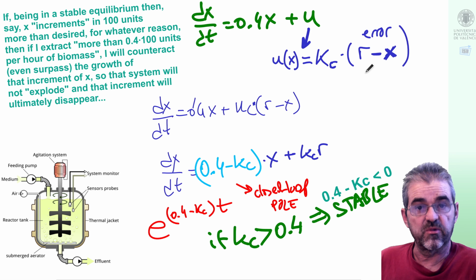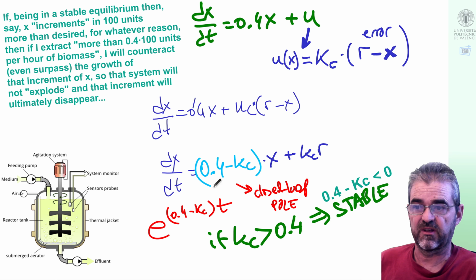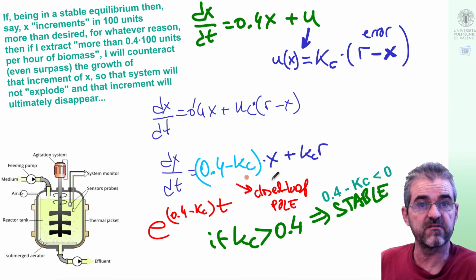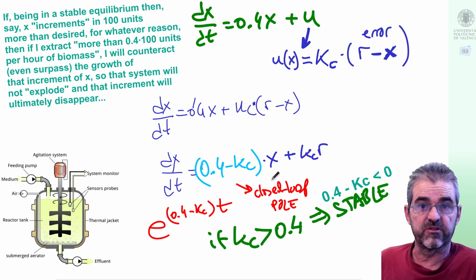If x has a positive increment, then I will increment my extraction more than 0.4x, so I will extract more population than the natural growth rate of x, and this is why this is negative. If I extract more than the natural growing rate, my population will decrease with an exponentially stable behavior.